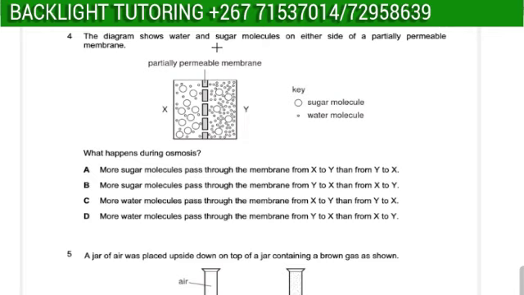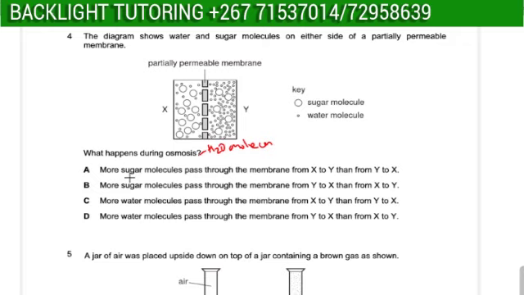Number 4 says the diagram shows water and sugar molecules on either side of a partially permeable membrane. So we can see here, and then they say what happens during osmosis, right? Remember, osmosis involves water molecules. So this is all about movement of water molecules.